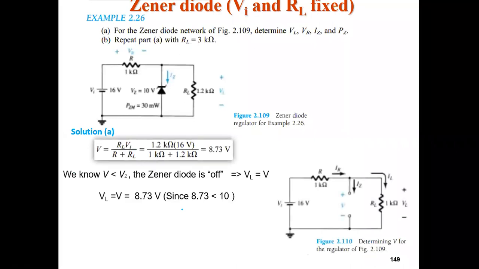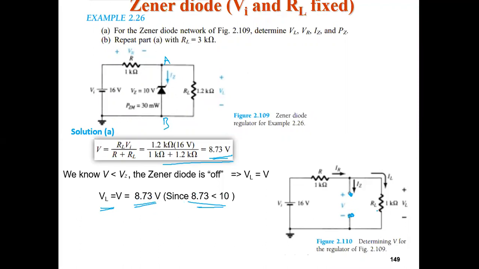So in this problem we have seen the voltage. In the same manner, VAB, the voltage between A and B, is calculated as 8.73. So 8.73 is less than 10. So the voltage across the load is 8.73, and the Zener is open, not conducting, or off.